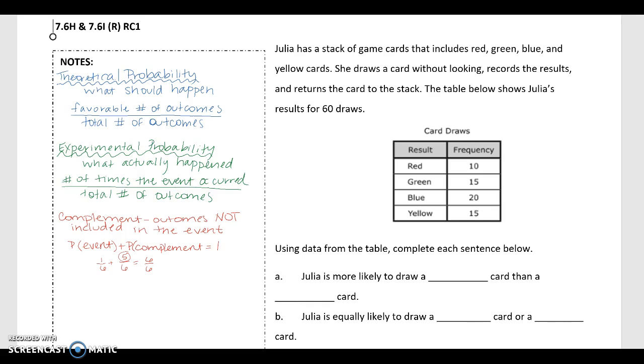All right, so the next piece is just to remember that if you want to find the probability of more than one event, so if 2 events or more, you're going to multiply the probabilities. Okay.